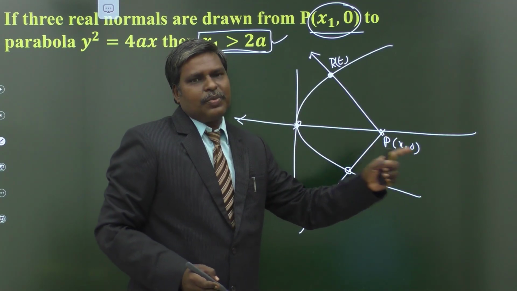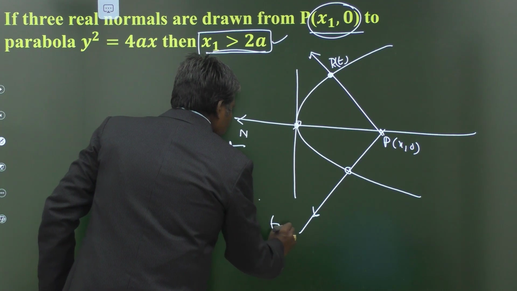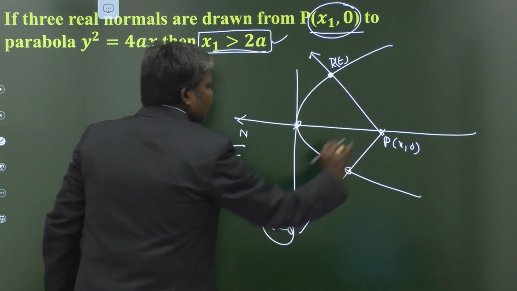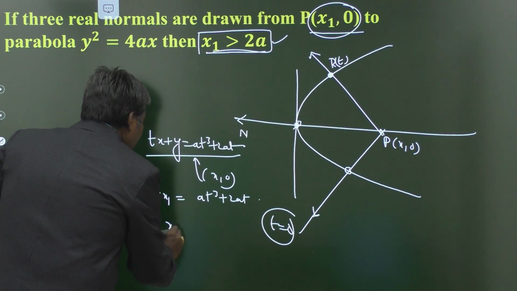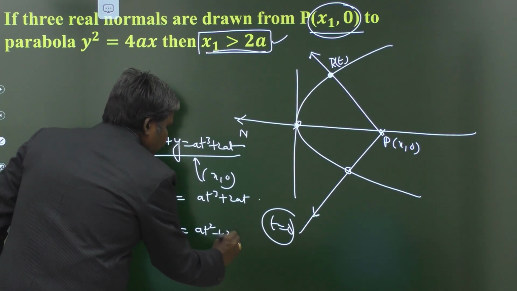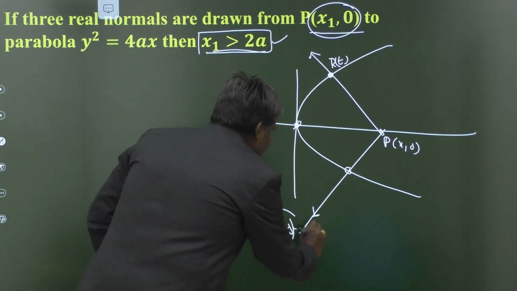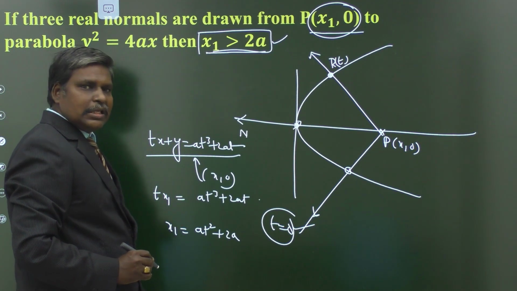That is, the axis of the parabola is one of the normals to the parabola. So t = 0 is one special case. That is the normal which is the axis of the parabola. So again we have x1 = at^2 + 2a. Already we obtained one normal for t = 0 to the parabola through the point (x1, 0).